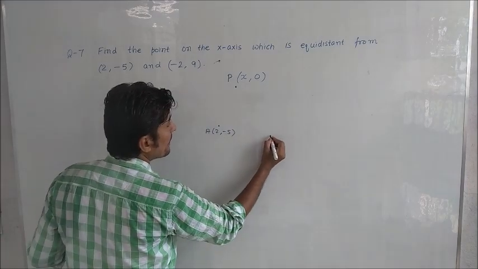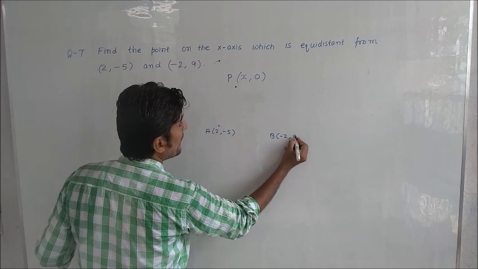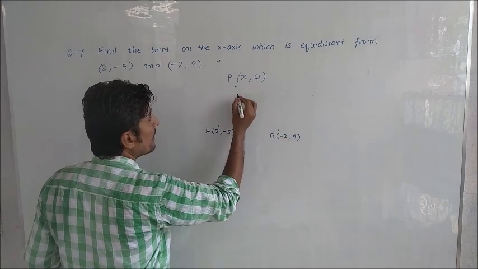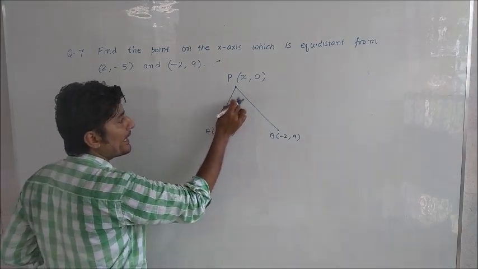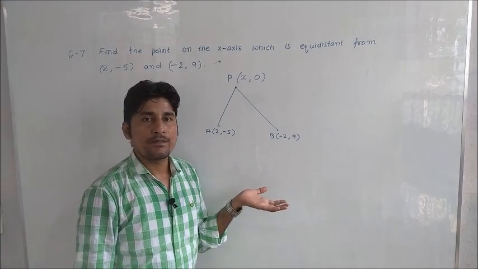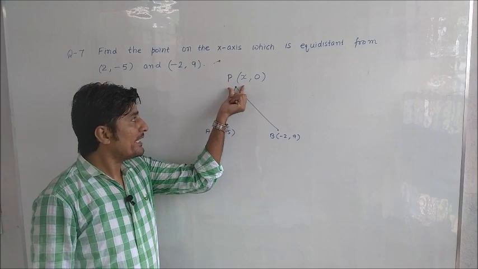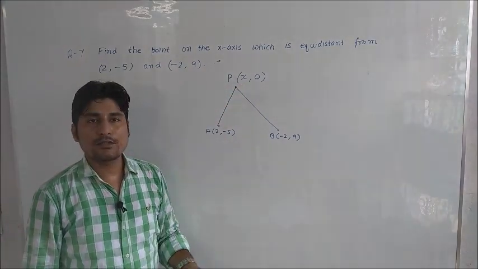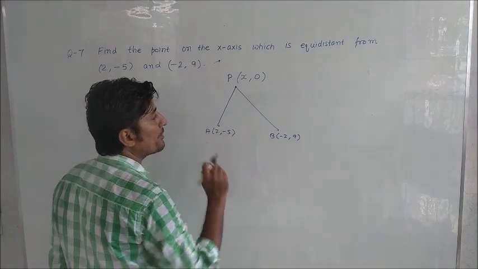Second point, suppose the name of the second point is B, whose coordinate is (minus 2, 9). According to the question, the distance from P to A and P to B are both equal. It is already given in the question. The point P is existing on the x-axis, which is equidistant from these two points. So according to the question, PA is equal to PB.